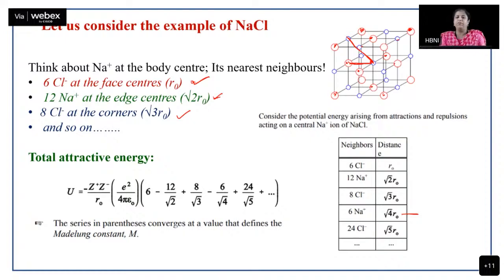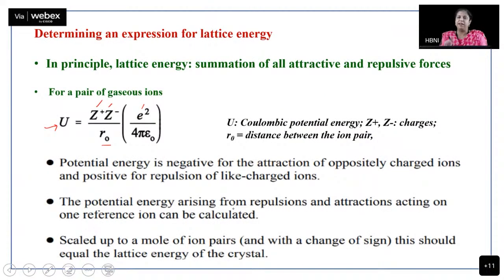Now what we do is, if I have 6 chloride at the face center at the distance of R naught, it is an attractive energy. And this would be given by, now I'm concentrating only on one Na plus. It would be Z plus Z minus by R naught, e square upon 4 pi epsilon naught, into 6 and minus. Is that okay?